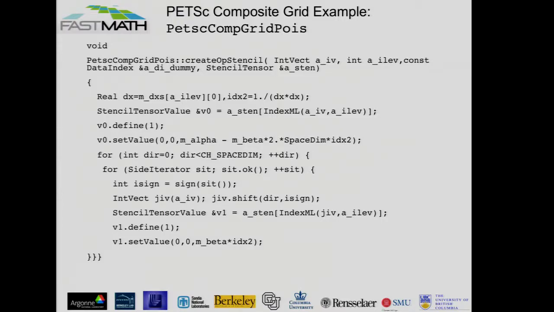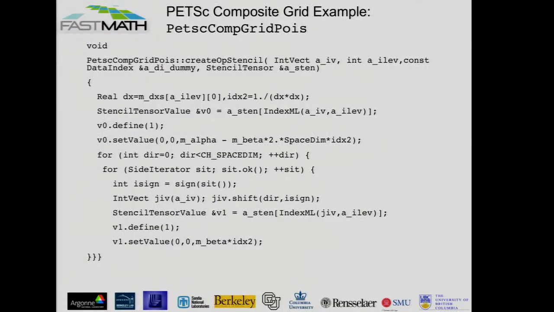You can see the definite Helmholtz problem in this case, so you've got an alpha plus beta delta squared. This is the way you iterate in Chombo in a dimension-free way. You have these defines for the number of spatial dimensions, and side iterators that go from one side to the other.